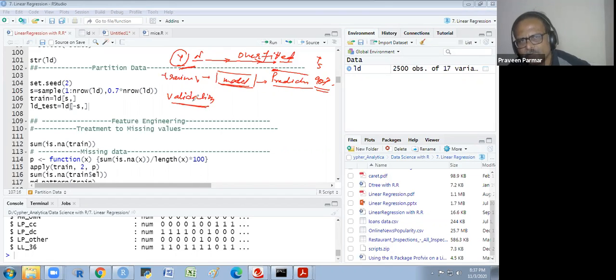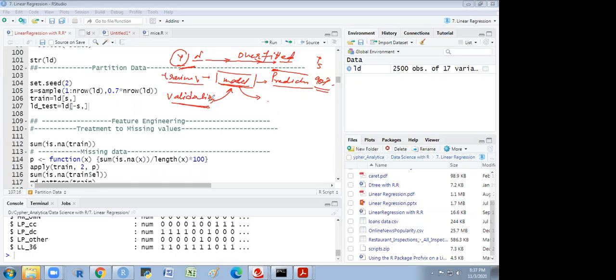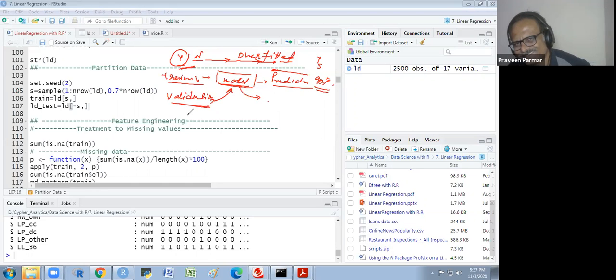We do it separately for each. Then we give this data to the model and check it. If it gives good performance, then our model is good. We validate the model through the validation data, not through the training data.